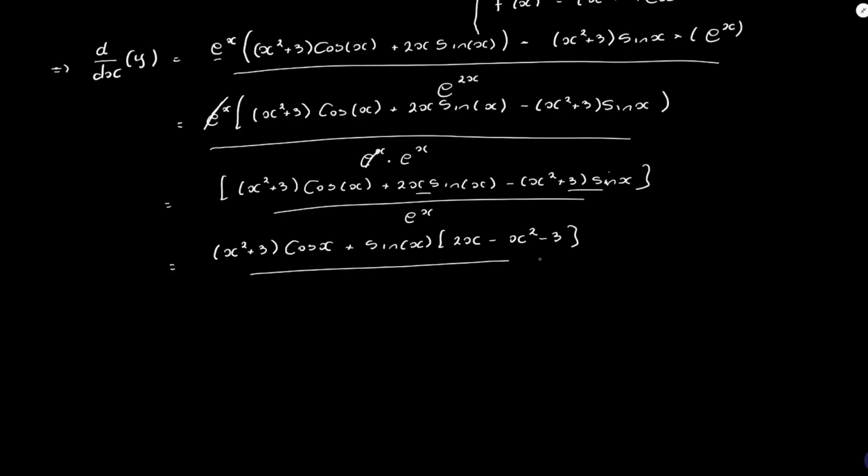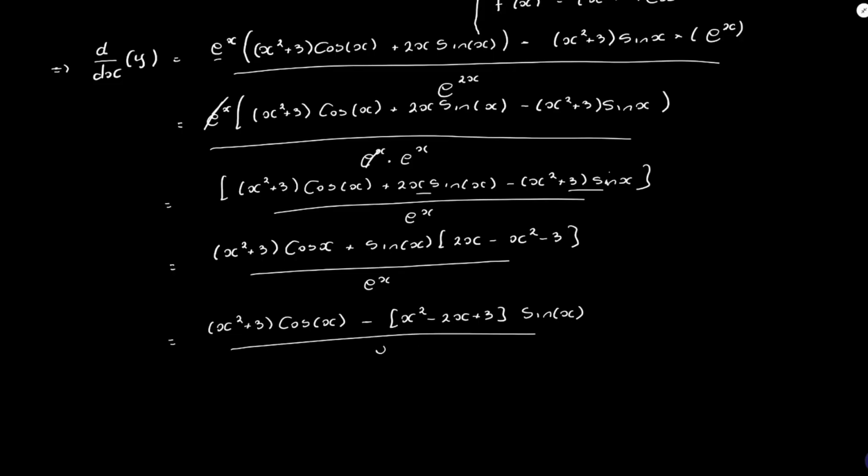So this leaves us with, all divided by e^x, (x squared plus 3) cos x minus, we can still remove it out, (x squared minus 2x plus 3) times sine of x, all divided by e to the x.